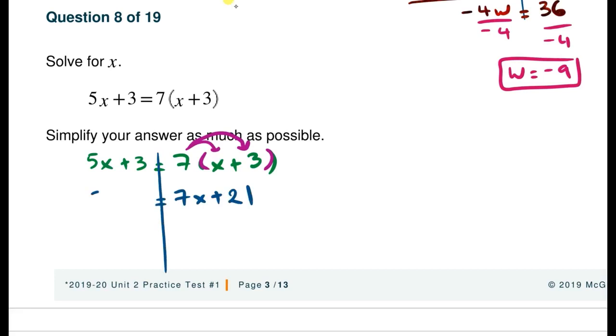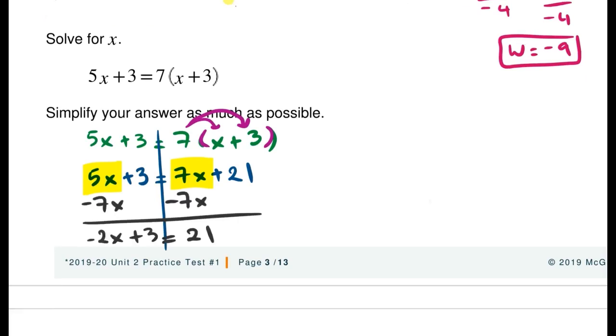And on the left side, we're going to bring down 5x plus 3. Okay. So we have the variable on both sides of the equal sign. You're going to bring them to the same side by subtracting 7x on both sides. So that will give you -2x plus 3 equal to 21.